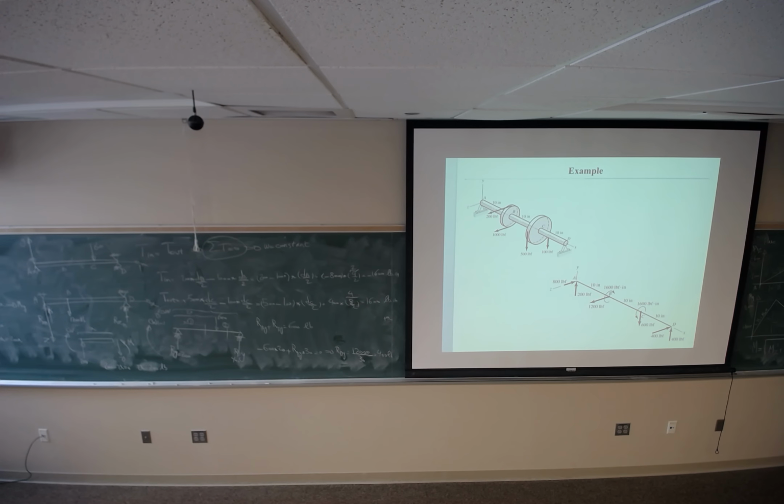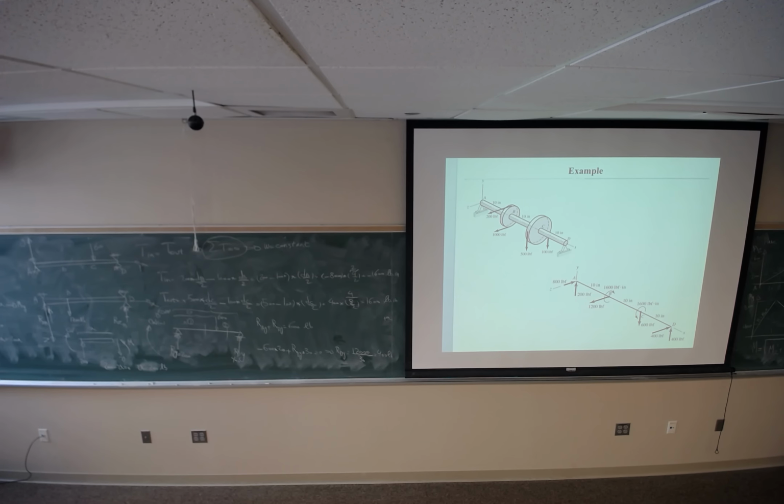So then what I'm going to do, I'm going to find the magnitude of the M at point B and point C, then compare them. M at B is going to be the square root of 8,000 squared plus 2,000 squared.